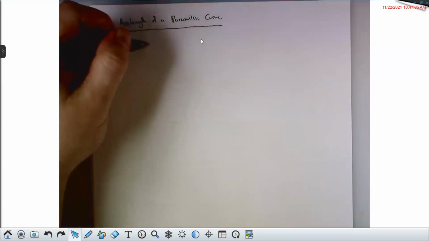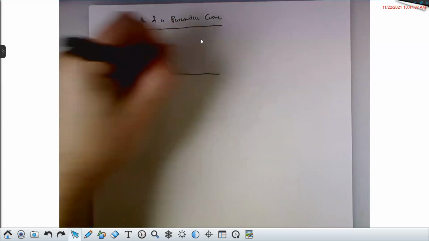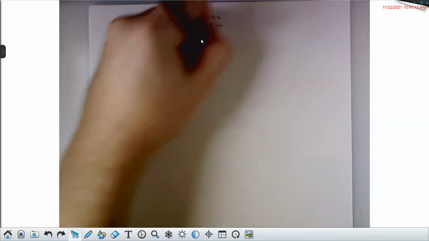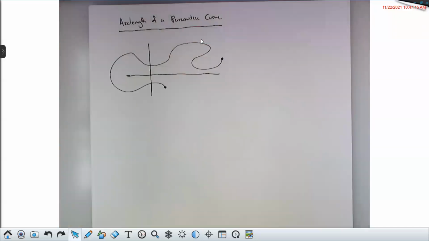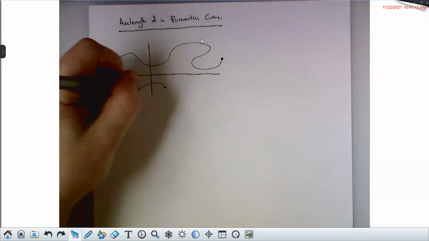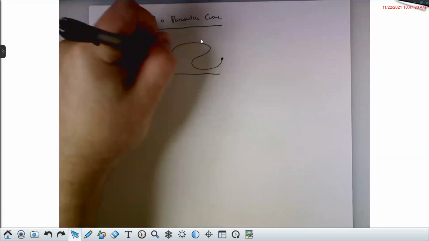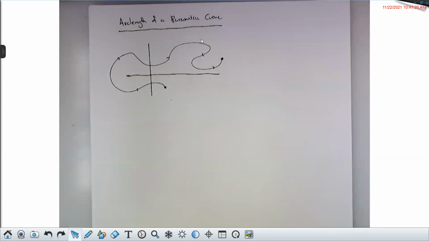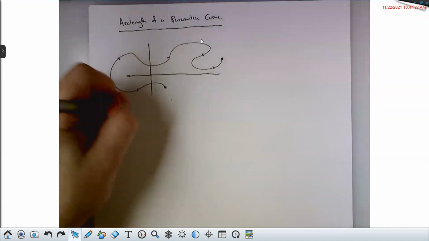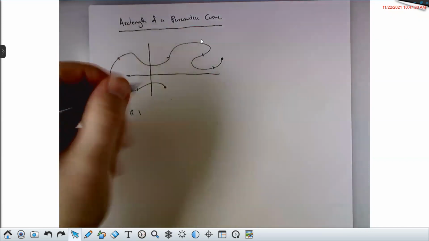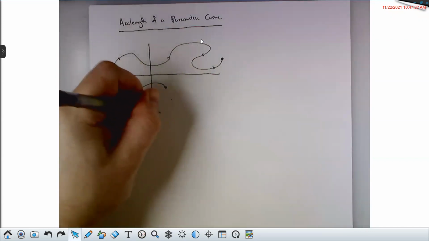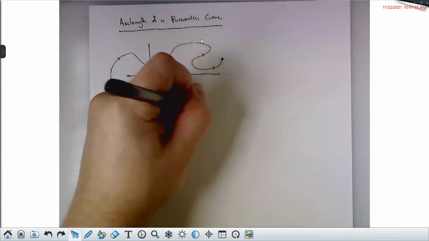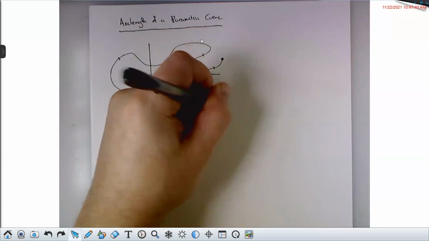Arc length is what it sounds like. I have some parametric curve, and I want to find the length. What I'm asking is, if you think of this as a rope, and I stretched it out, I shouldn't say stretch, but if I straightened out this curve, how long would it be?